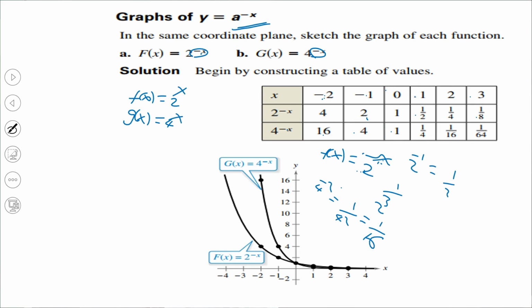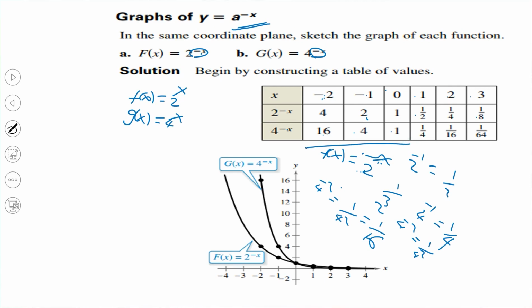If I choose 1, it is 4 to the power of minus 1, that is simply 1/4. And if I choose 2, that is 4 to the power of minus 2, which is 1 over 4 squared, that is 1 over 16.